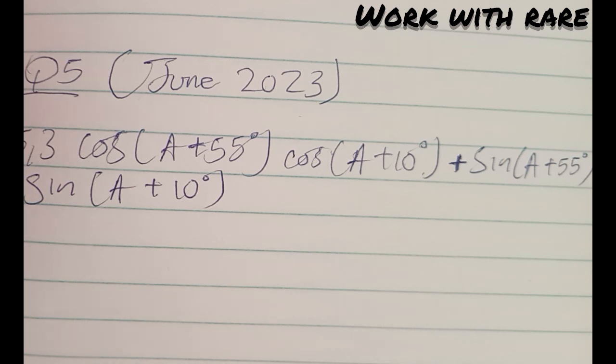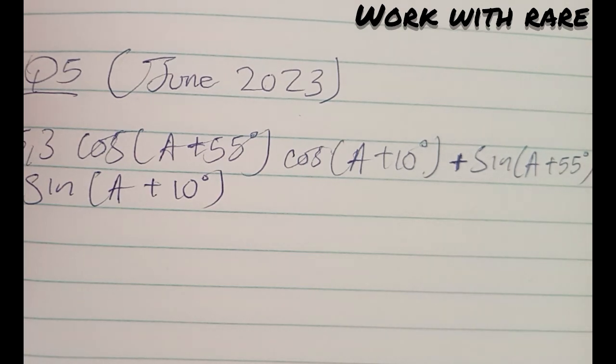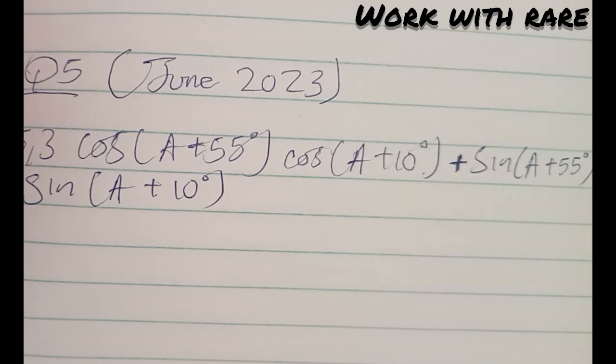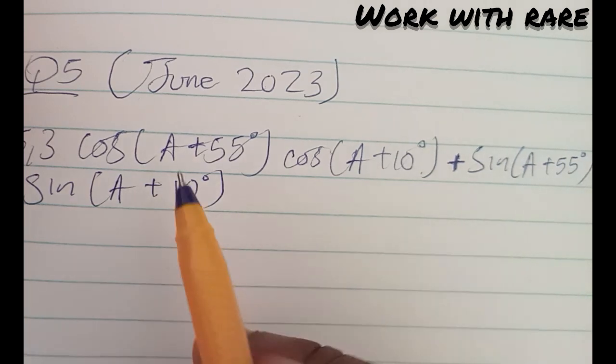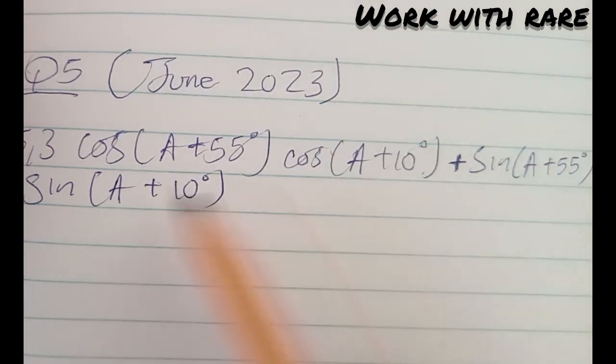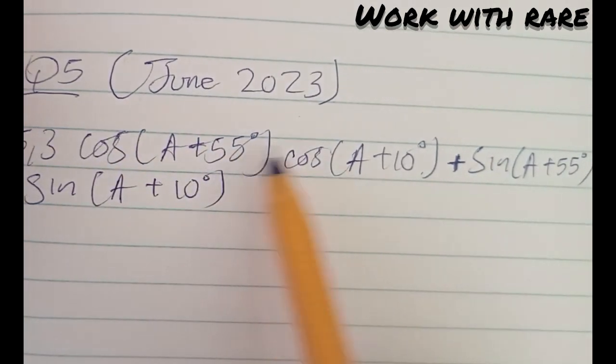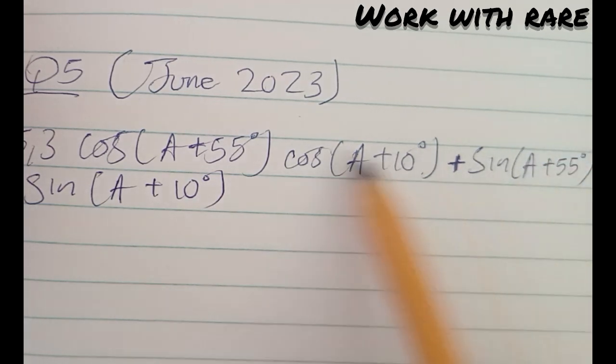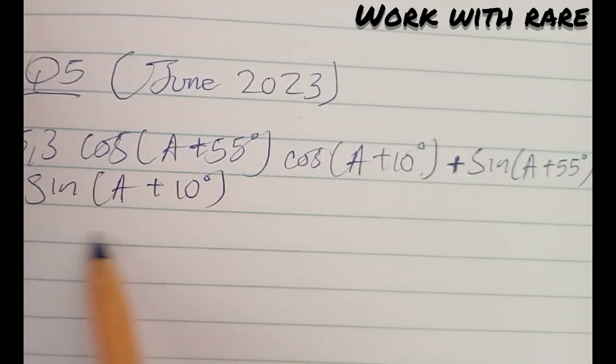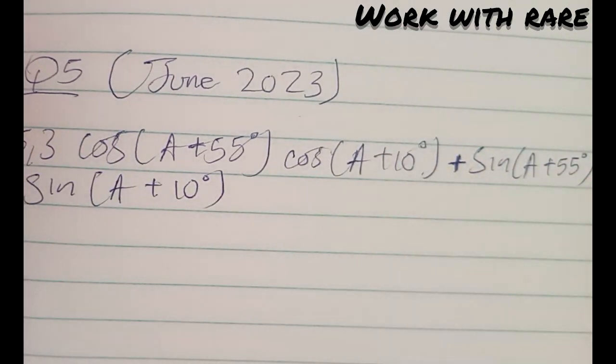So remember, when we do these angles for cos, here it's cos and sine. This bracket is the same as this bracket, which means we can write this in a simple form.